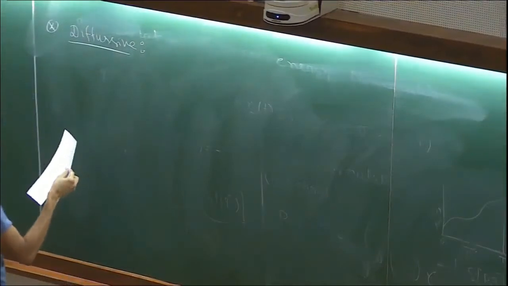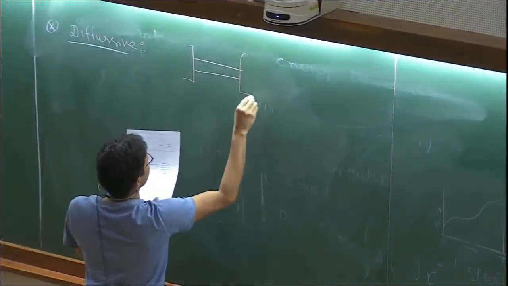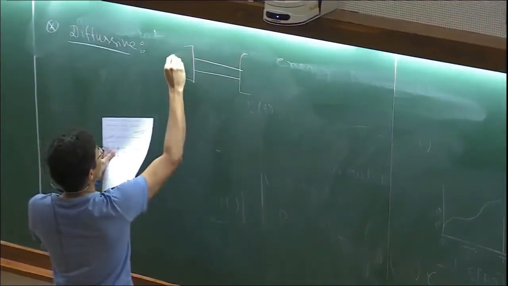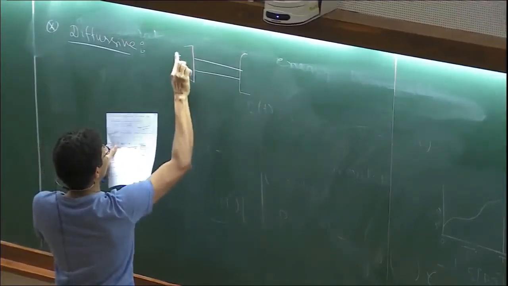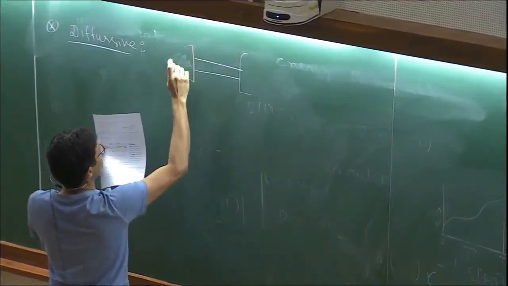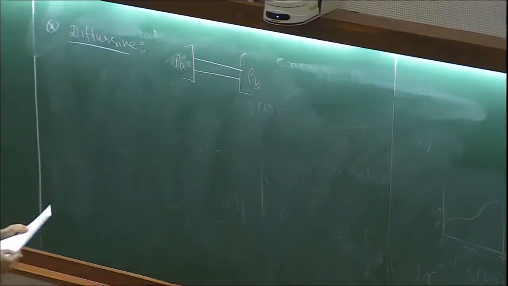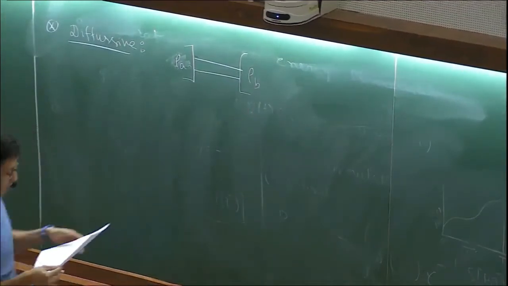What do I mean by that? Let's keep this in mind: if I have the system, and I couple it with, let's say, two chemical potentials, or baths with two different densities. Let's take the density picture first.